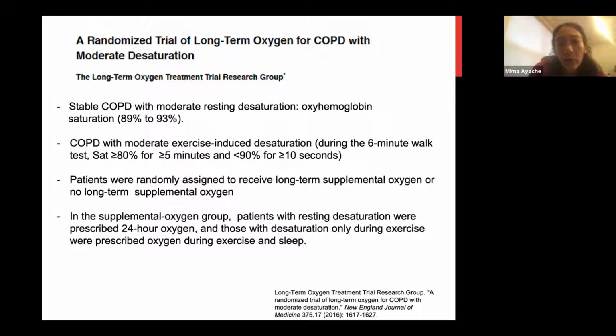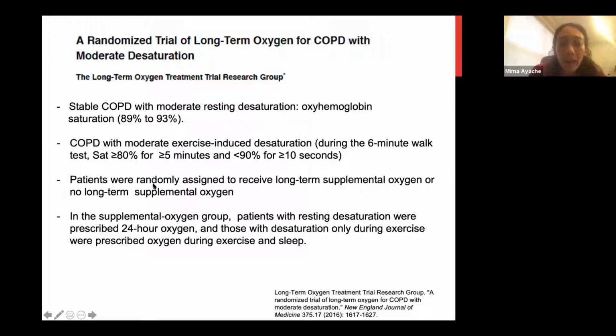So what they looked at were COPD patients with moderate exercise-induced desaturation during a 6-minute walk, where they had to desaturate to less than 90% for at least 10 seconds or more, but stay above 80%.